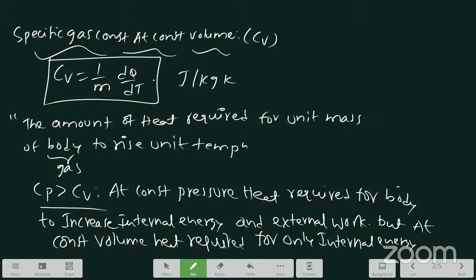Why is Cp greater than Cv? At constant pressure, heat is utilized for 2 cases; at constant volume, heat is required for 1 case. That's why more heat is required at constant pressure. Therefore, Cp is greater than Cv.